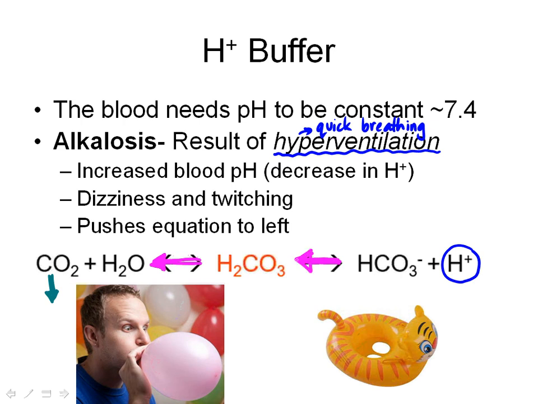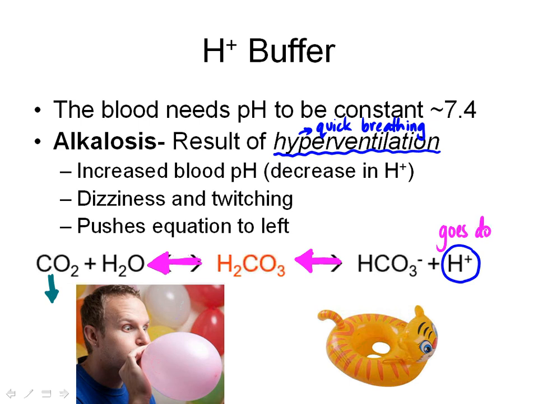So we get big arrows pushing to the left-hand side. And if we start taking all the bicarbonate and all the H+ out of our blood and converting it into CO2, because we're trying to fill in that hole that you've dug by exhaling really fast, what that means is the amount of H+ actually goes down.